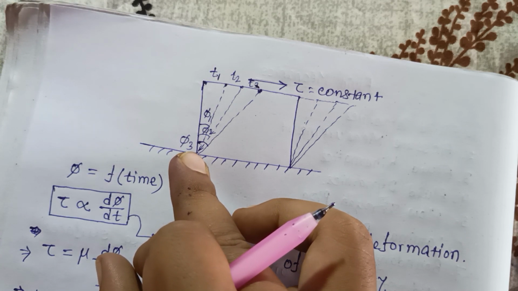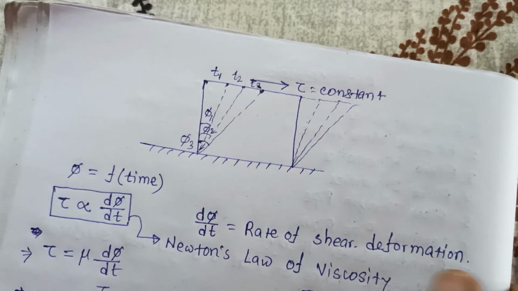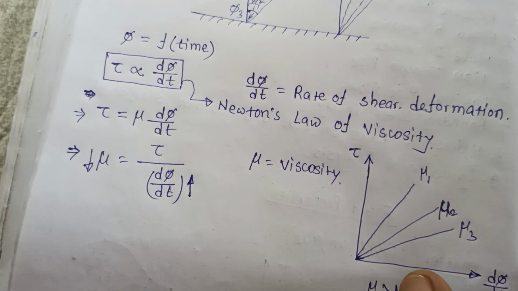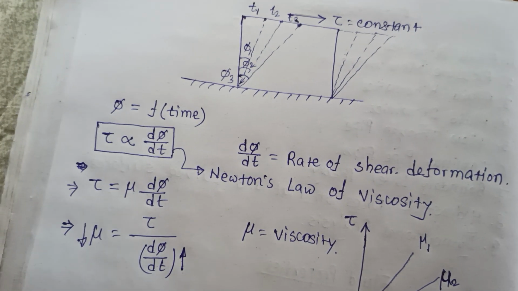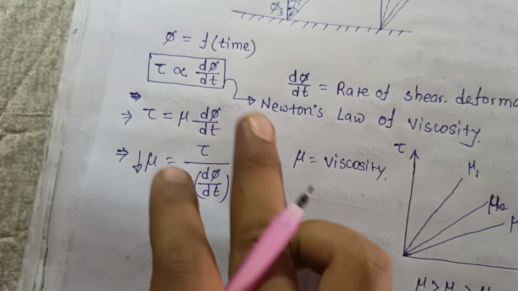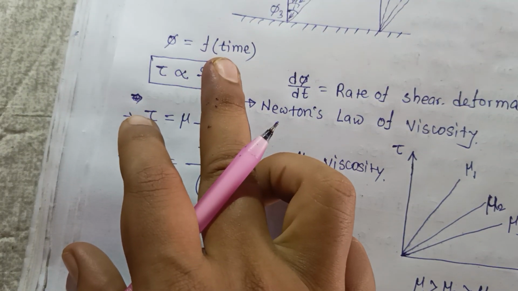In a solid, for a given shear stress, there is a given shear strain, and a fluid shows continuous deformation under shear stress, that is, the shear deformation is a function of time.